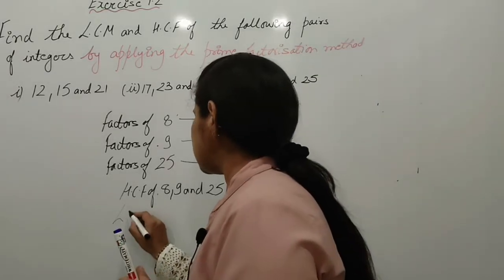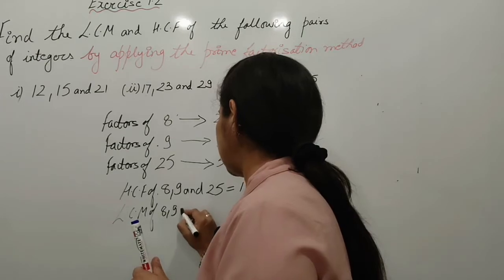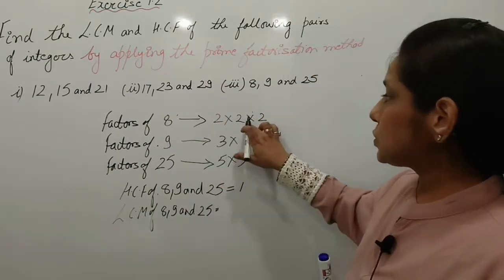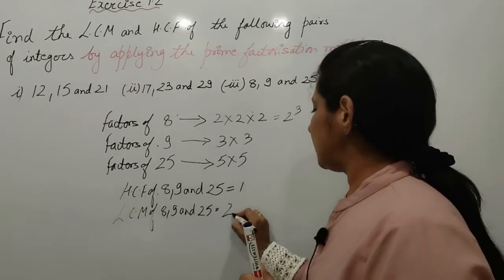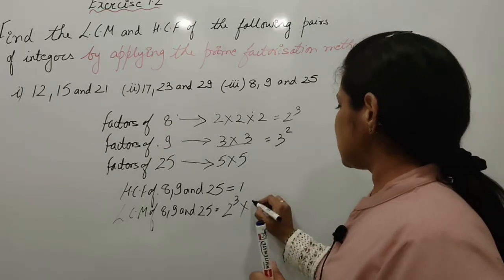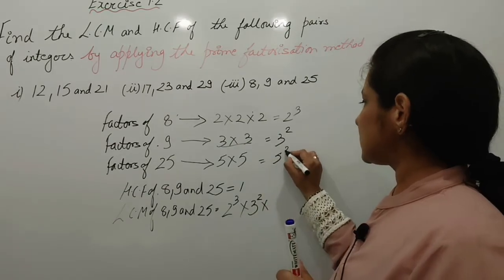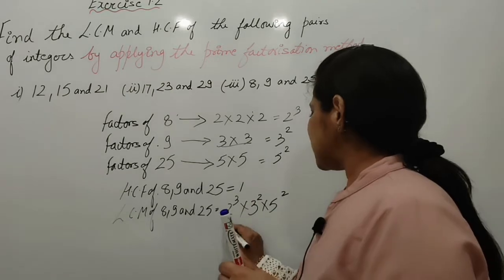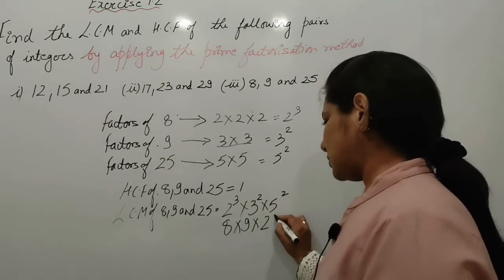Now let us come to the LCM. The LCM of 8, 9 and 25 is what? 2 into 2 into 2 is what? 2 raised to 3. So it will be written 2 raised to 3. 3 into 3 is 3 square, so it will be written as 3 square. 5 into 5 is 5 square, so it will be written as 5 square. 2 cube is 8, 3 square is 9 and 5 square is 25.